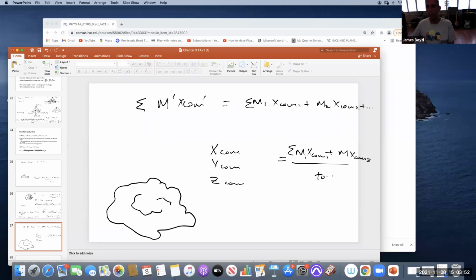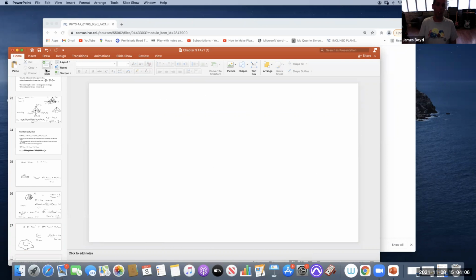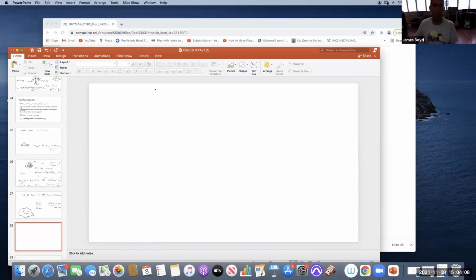to each mass times X center mass or Y or whatever, plus the next one, plus the next one, over the total mass. It may not seem very helpful right now, but it is hugely helpful when you may not be able to calculate a center of mass. Just to be clear, let me state it another way.